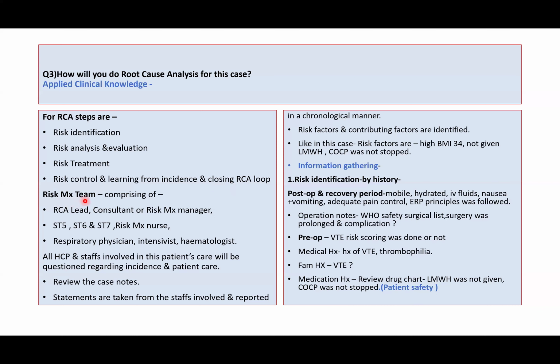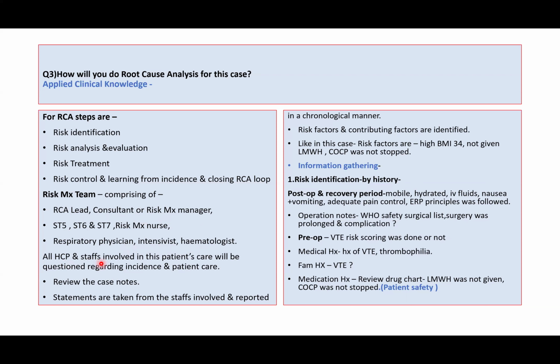So there has to be a risk management team comprising of the RCA lead, consultant, or the risk management manager, just like you have an audit team. Also ST5, the seniors, ST6, ST7, and the risk management nurse, respiratory physician in her case, because it is a case of pulmonary embolism, intensivist, hematologist.